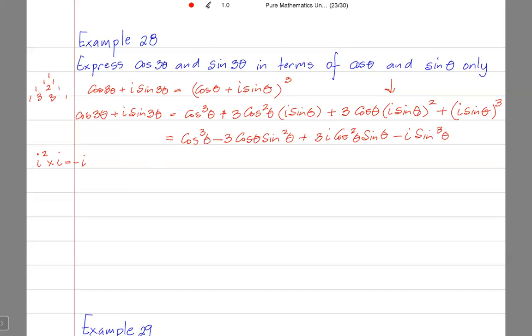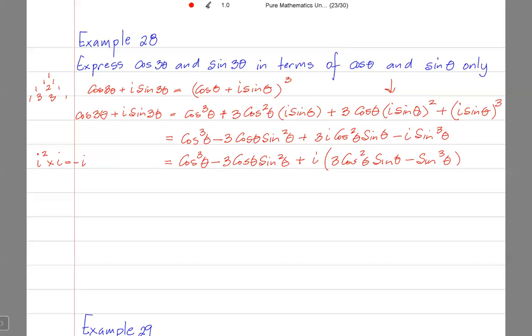Let's spell it out. This is equal to cos 3 theta minus 3 cos theta sine squared theta. Over here, i is common. I'm only taking out the i, plus i, and then inside I'm going to have 3 cos squared theta sine theta minus sine cube theta.